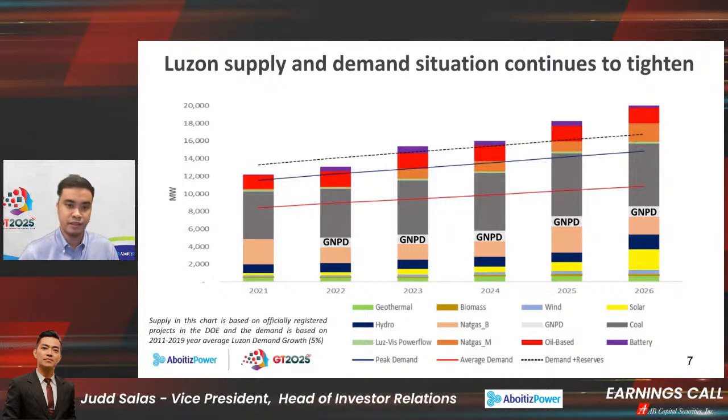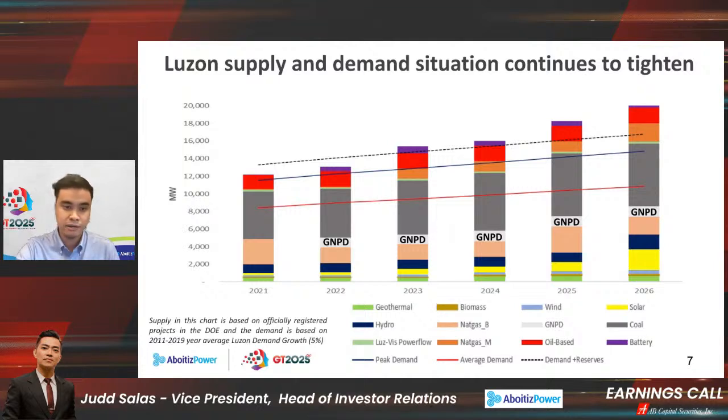On the other hand, in the chart, you can see 3 lines which represent the different annual levels of demand in the grid. The red line represents the average annual demand, while the black solid line represents the annual peak demand. Lastly, the broken line represents the peak demand with the buffer reserves.